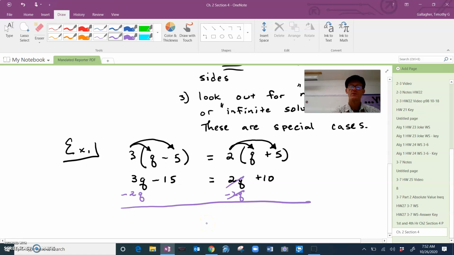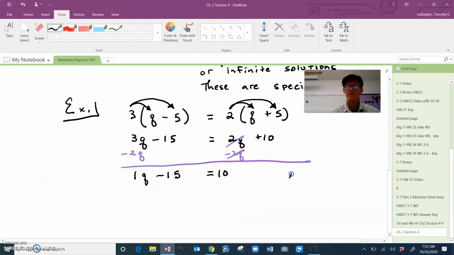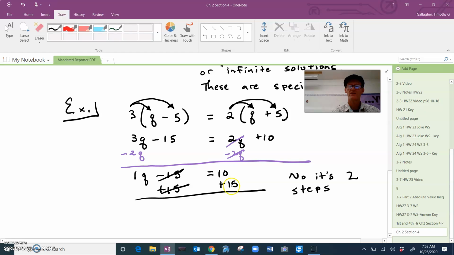Now I get 1q minus 15 equals 10. Now it's a two-step equation. The first step is to add the 15 to the 10, again using the opposite, and I do the same to the other side to keep the equation balanced.